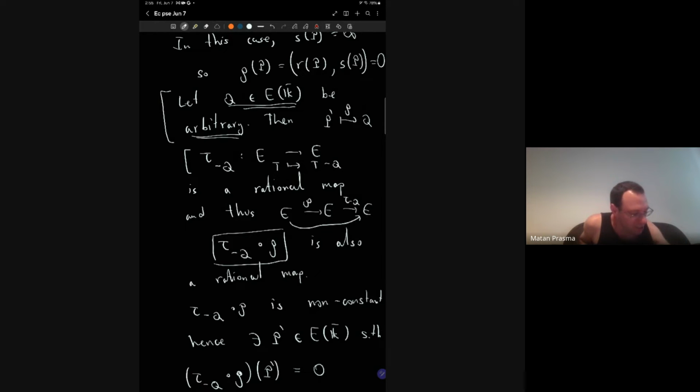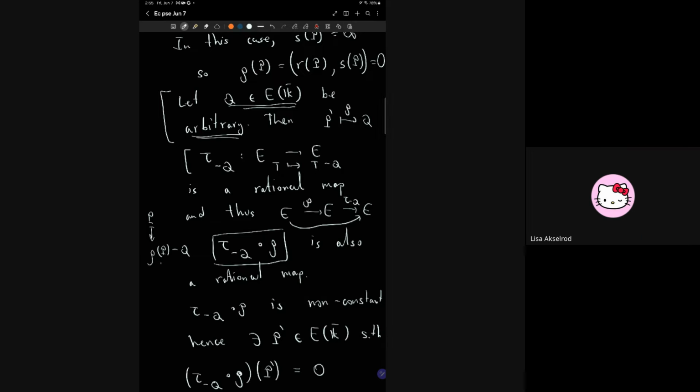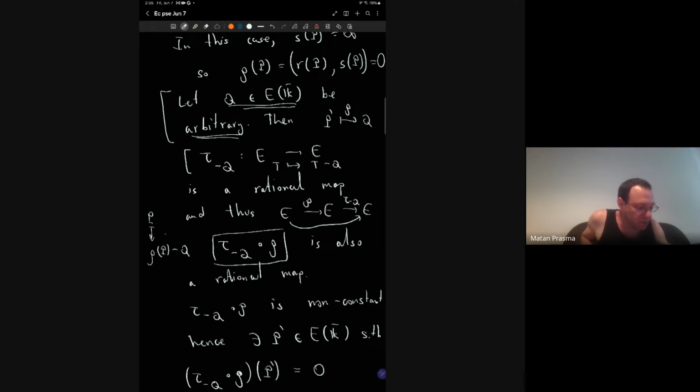Because this rational map is just, in formula, you take P and you map it into rho of P minus Q. If this is constant, then it means that rho is constant. Right. Okay, so I assume that rho is not constant, then this map is also not constant.